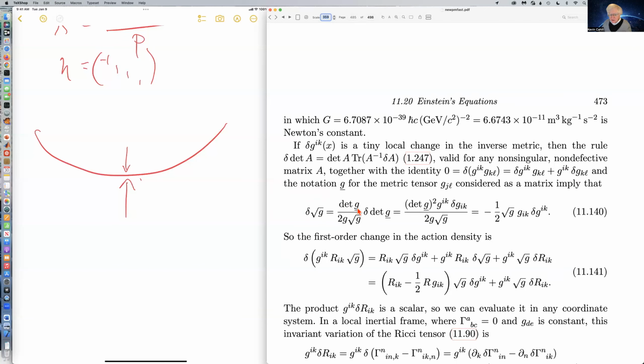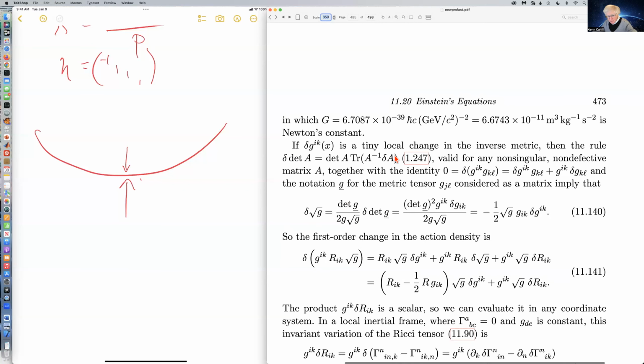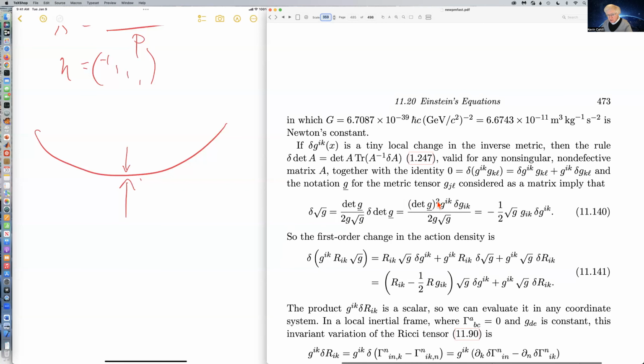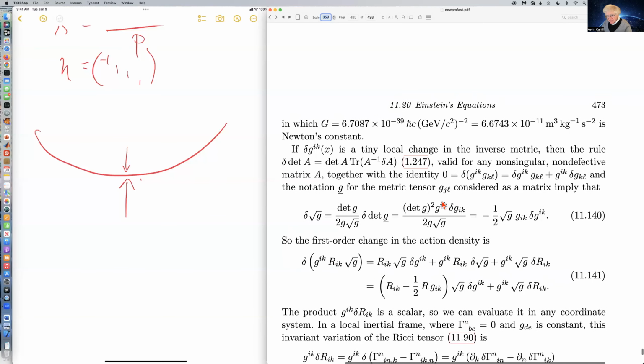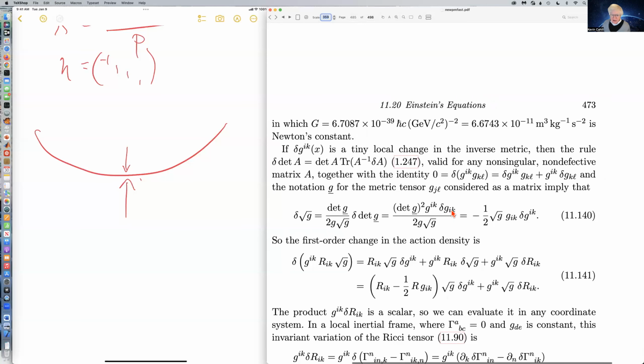What you get is the determinant divided by 2 square root of g, times the variation of the determinant, and then for the variation of the determinant we use the formula up here, and we get the trace of A inverse, well, that's just g upper times the variation of the matrix, which is g_{ik}.